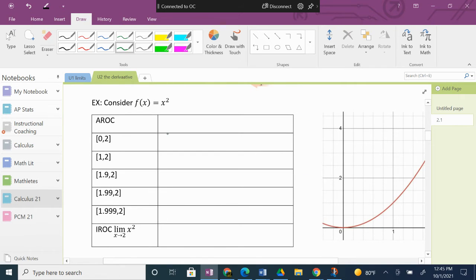Slope: 0 squared minus 2 squared over 0 minus 2. Zero squared is 0, 2 squared is 4, so 0 minus 4 is negative 4. 0 minus 2 is negative 2. Negative 4 over negative 2 is 2.